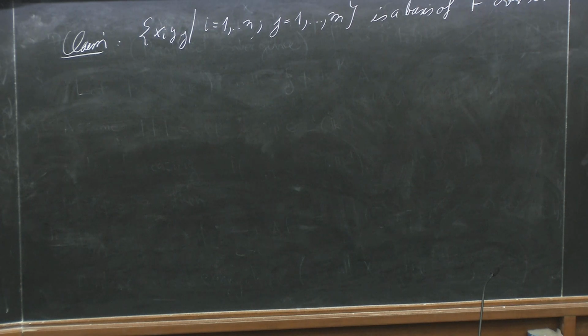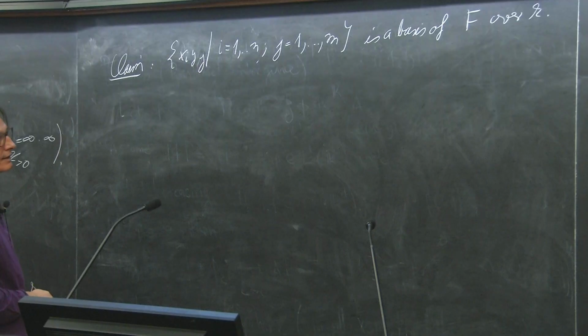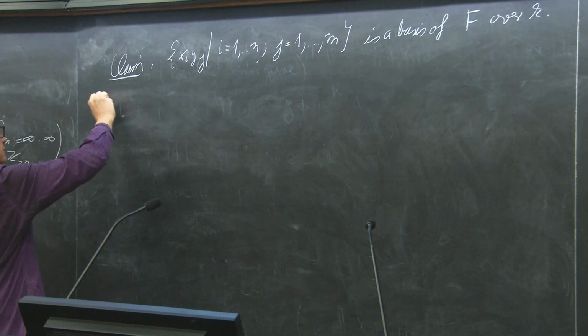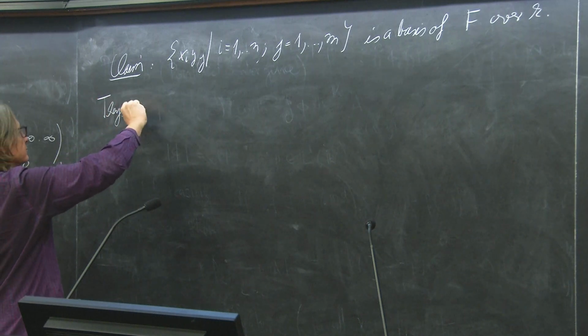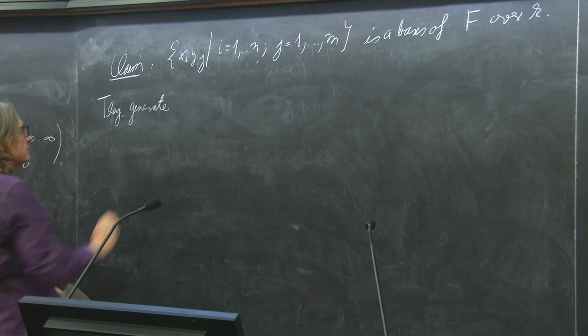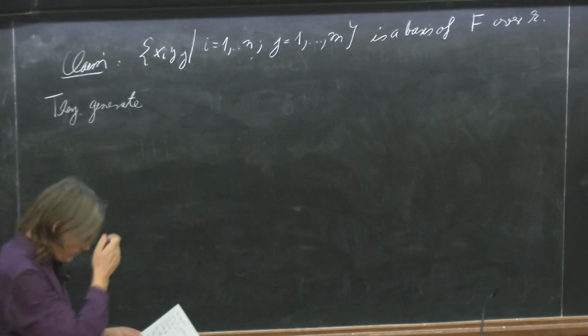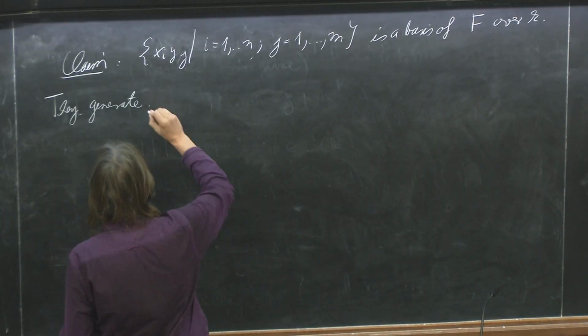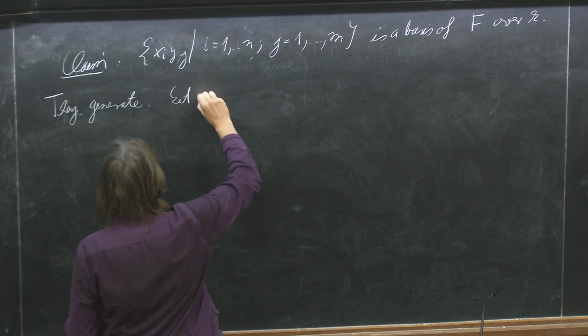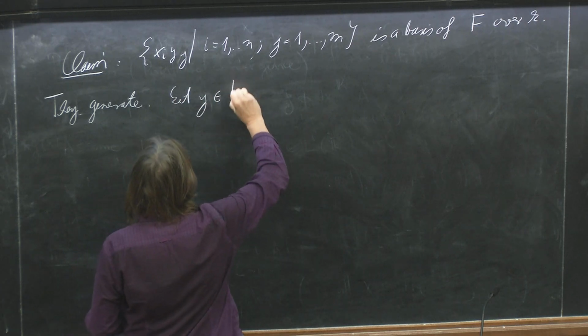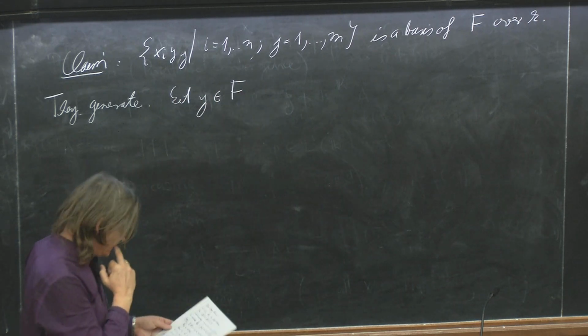And so one just checks it. We have to show they generate and they are linearly independent. So I take an element y in F. I have to write it as a linear combination.